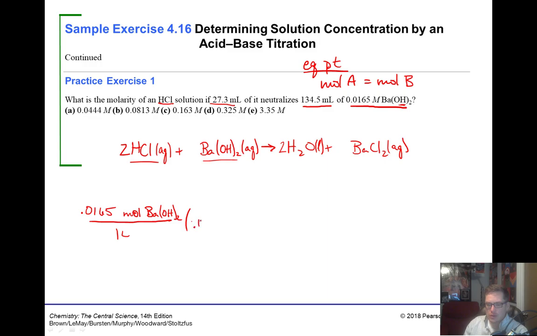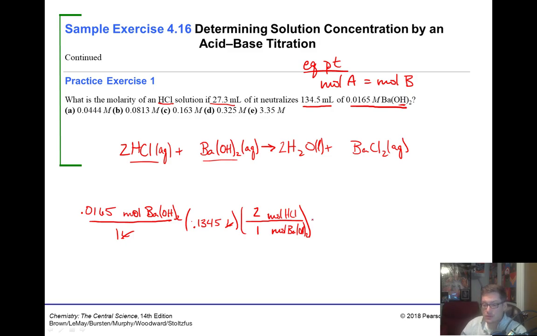So this is 0.1345 liters, right? So our liters cancel, okay? And then we're going to convert it to moles of our acid, right? So we put moles of Ba(OH)2 in the bottom and moles of HCl in the top. And so it's a 2-to-1 ratio, so we put a 2 with the HCl and a 1 with the barium hydroxide. All right, so now we're in moles of HCl.